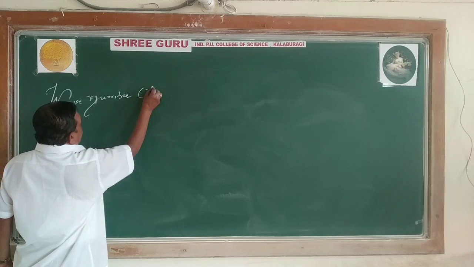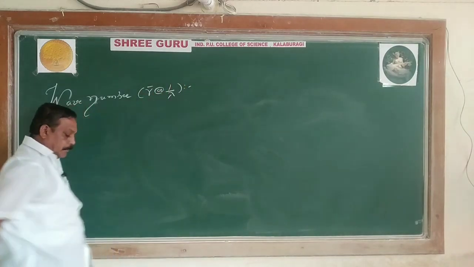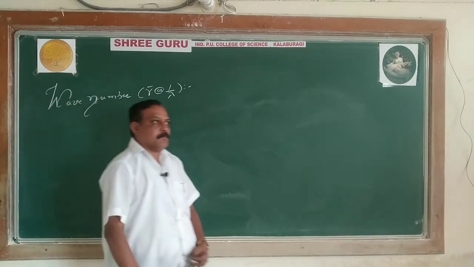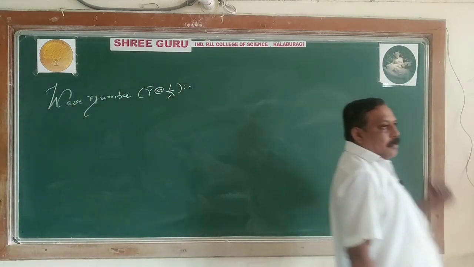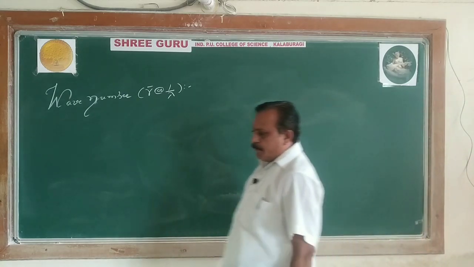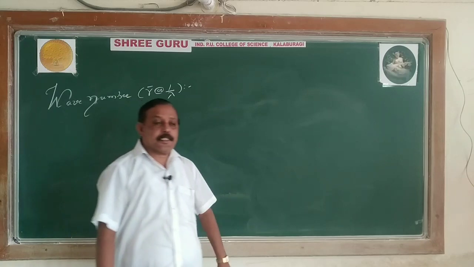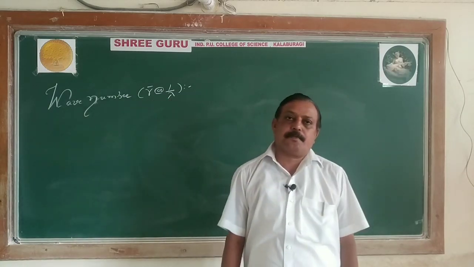That is nu bar or 1 by lambda. When are we going to get the wavelength? When there is the existence of the frequency. When there is the existence of the frequency, when there is the existence of what? Radiation takes place.